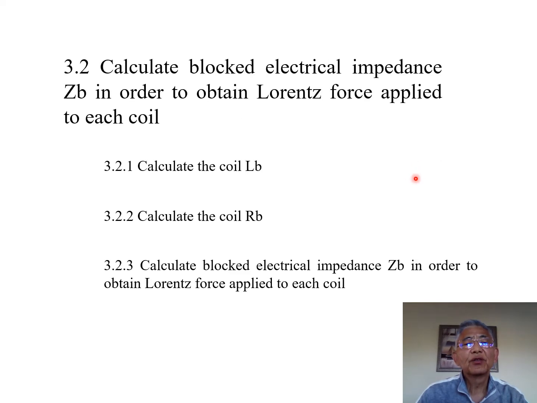So next is to calculate the blocked electrical impedance Z sub B. This needs calculating the coil inductance over the frequency range of interest, and the coil resistance.